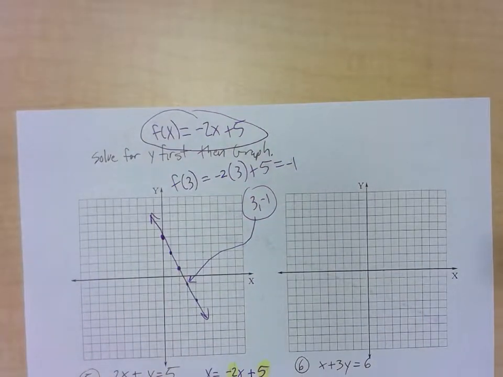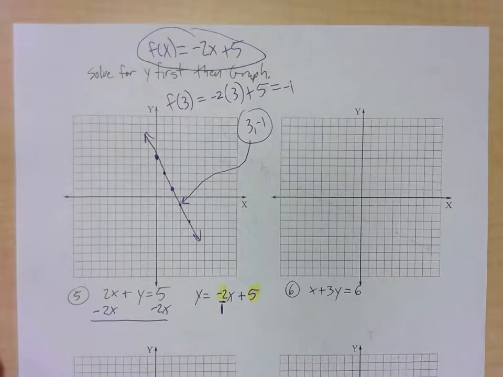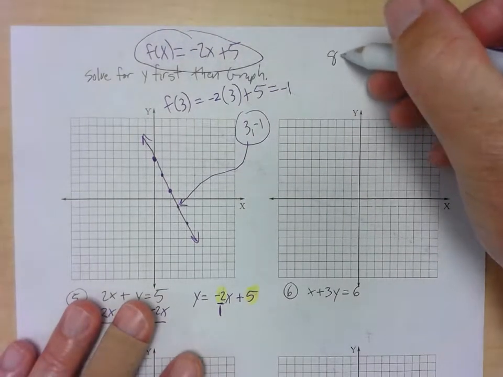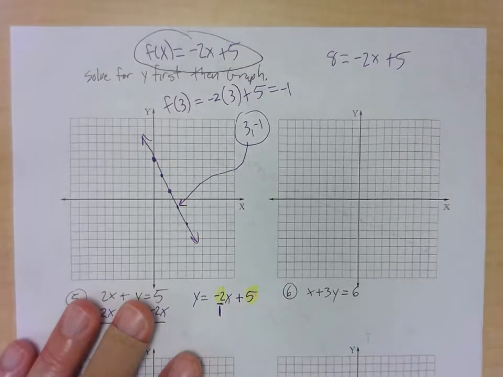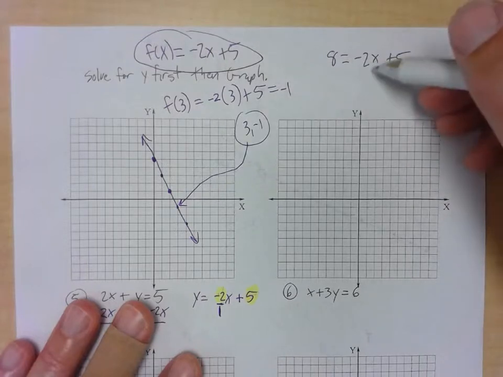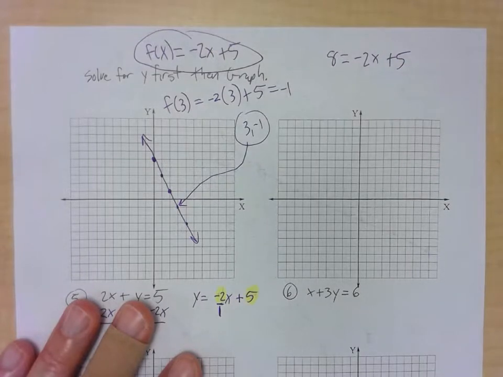The other thing I want to mention is when you graph an equation, you're making the solution. You're creating the solution to this algebra problem. The graph is the solution. So before, maybe you had 8 equals negative 2x plus 5, and you'd move the 5 and divide by negative 2 to get your solution.